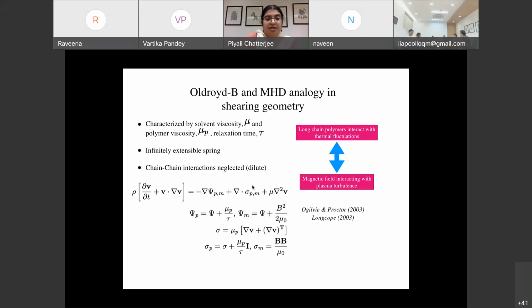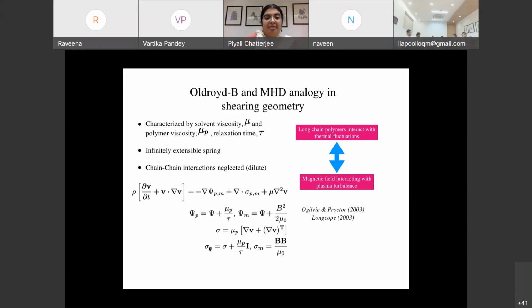So you can write down the anisotropic stresses, sigma, which is defined for the polymer in this way, multiplied by the polymer viscosity. And you add a diagonal term to it. You'll know in a minute why I have done it. And then this sigma m is basically to subtract the diagonal term so that the trace is zero.